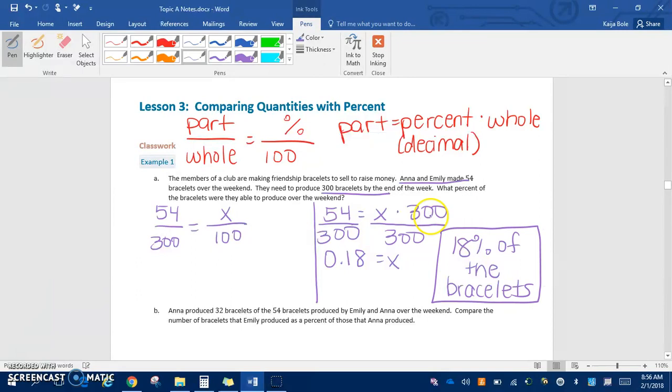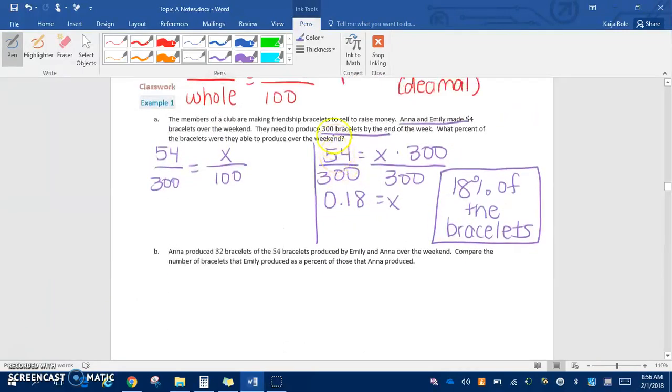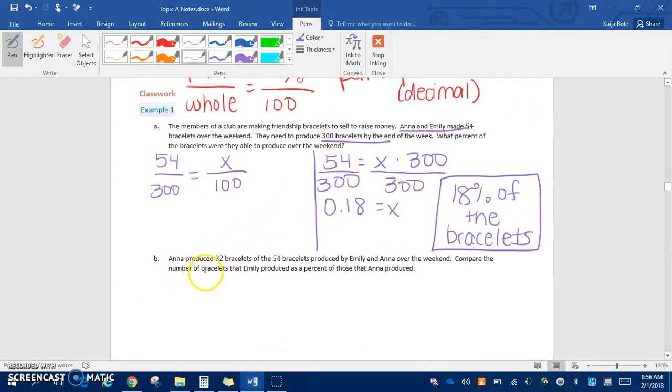Part B says Anna produced 32 bracelets of the 54 bracelets produced by Emily and Anna over the weekend. Compare the number of bracelets that Emily produced as a percent of those that Anna produced.